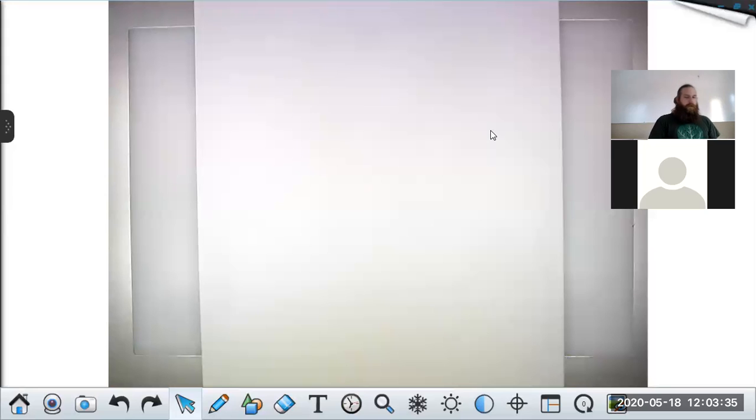So most of the solids we're going to work with are going to have a lot of rotational symmetry. And we'll begin with this guy.